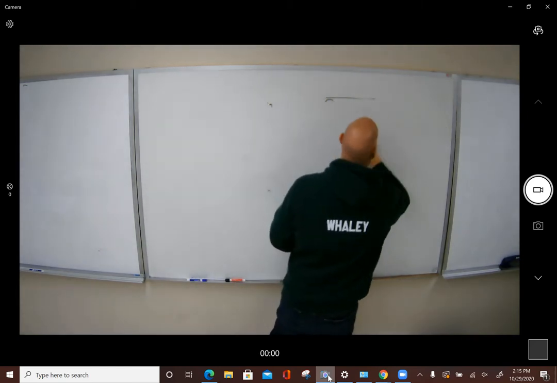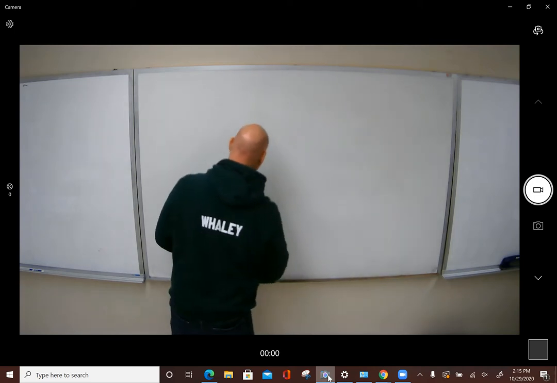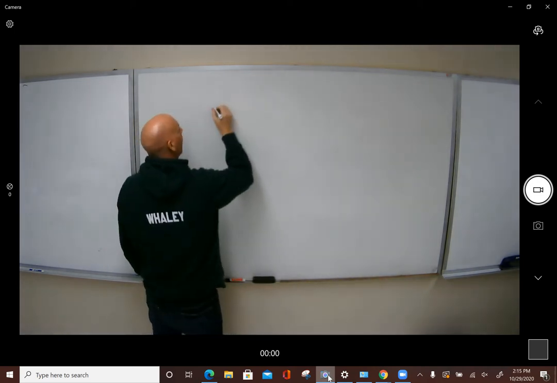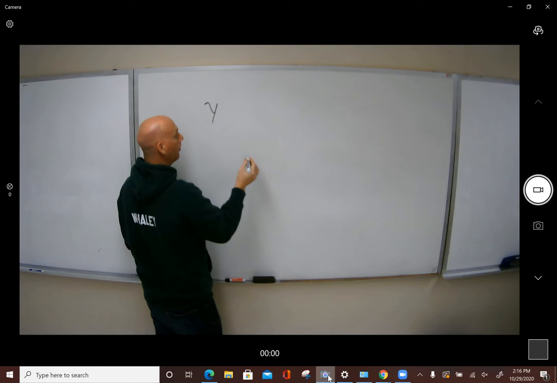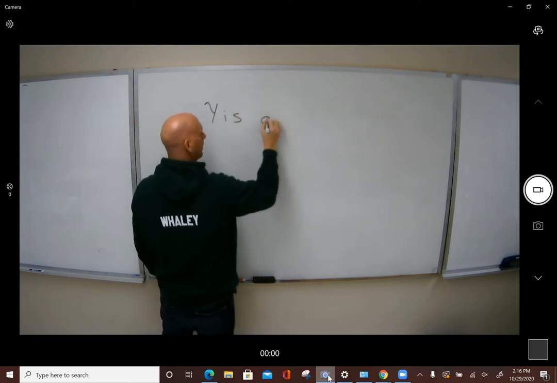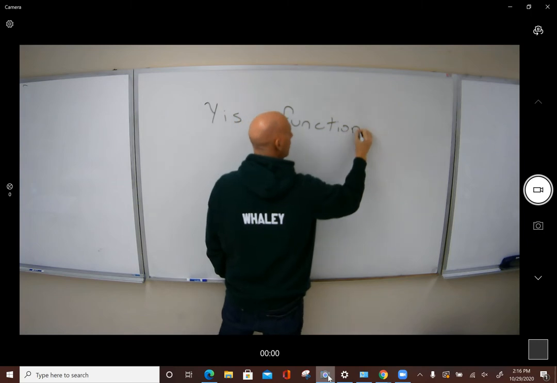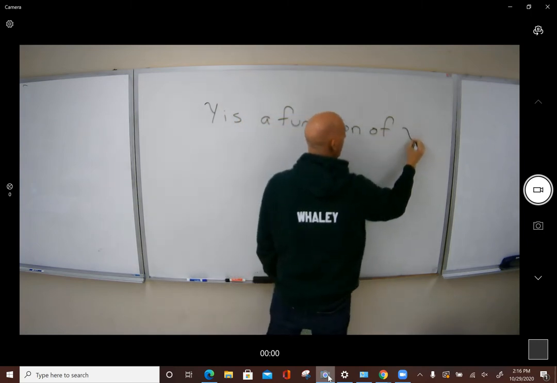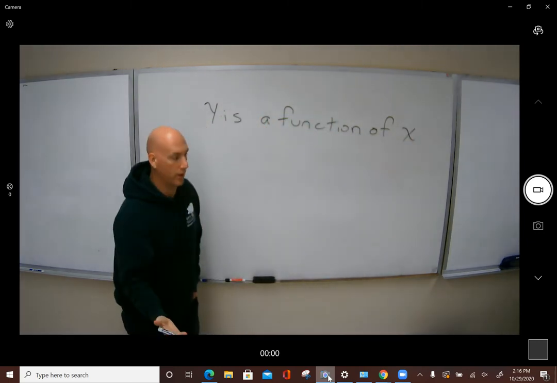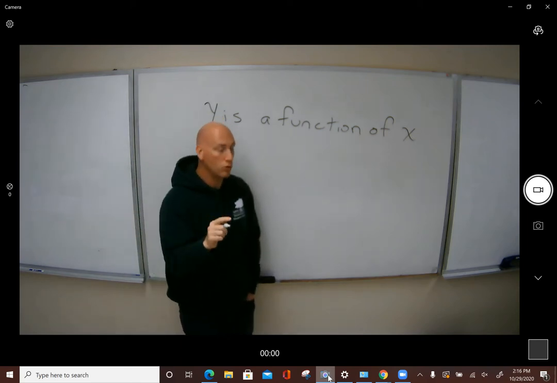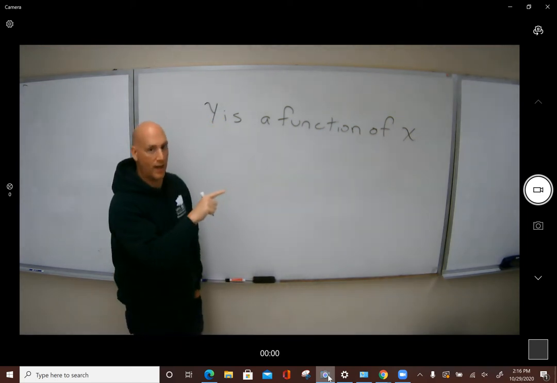So what's going to change now is we're going to learn why our output is a function of x, our input. So now we're going to have a whole new way. We're not going to say y all the time anymore.